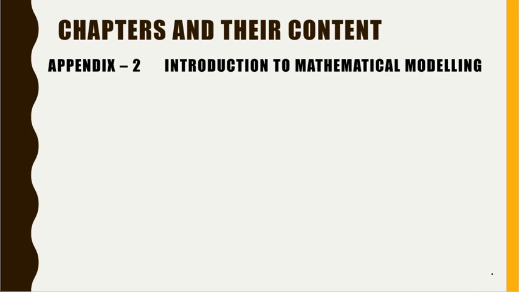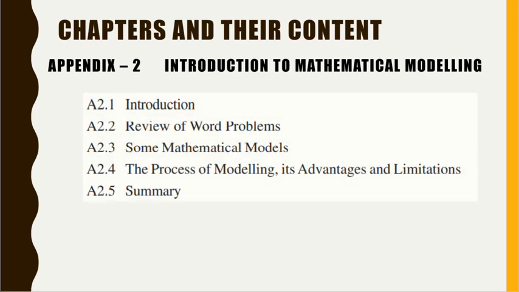Such things will be done in this mathematical modeling. One way, it is related to practicals. Here in this appendix 2, you will come to know about introduction to mathematical modeling, review of word problems, some mathematical models, the process of modeling, and its advantages and limitations.